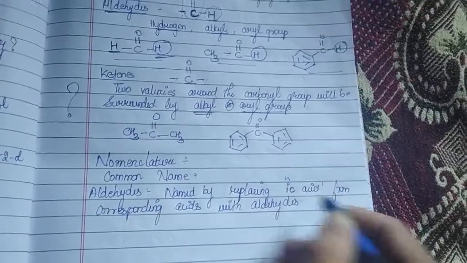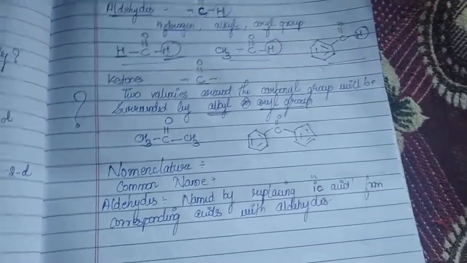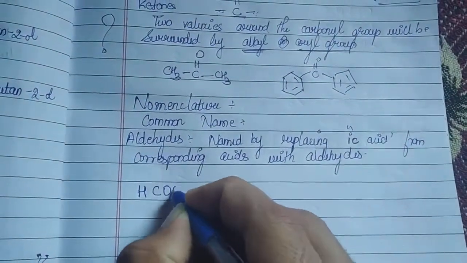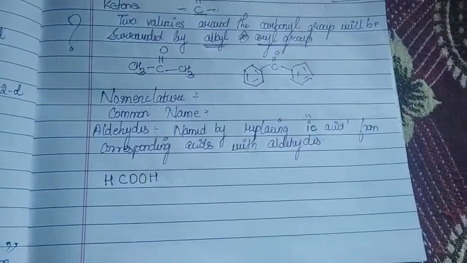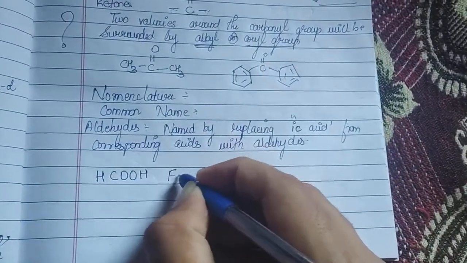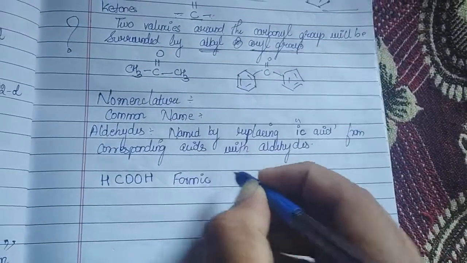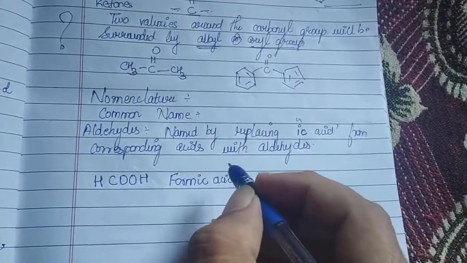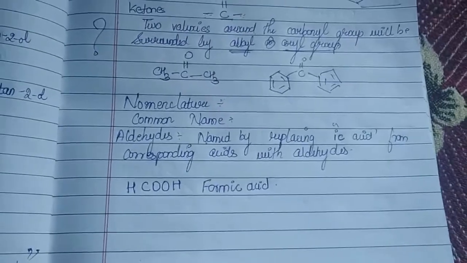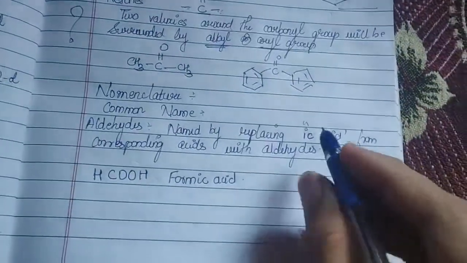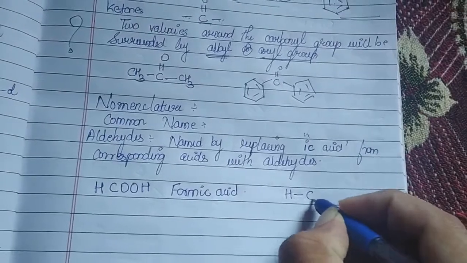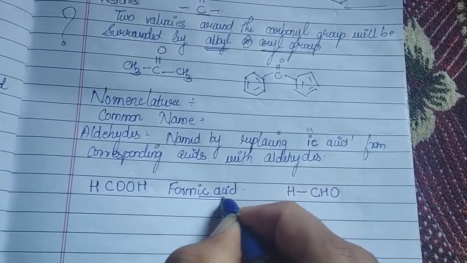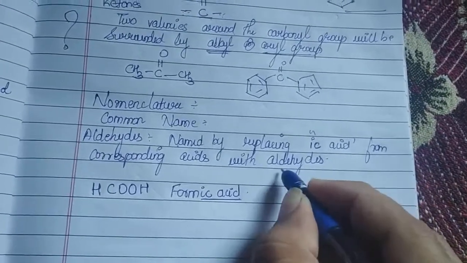So there is a little bit of ambiguity. Don't worry about that one. Let me deal with it. For example, I'm going to write HCOOH. Of course, I know its common name is formic acid. So if I want to write the common name with respect to aldehydes, that is HCHO, I'm going to replace this ic acid with aldehyde.